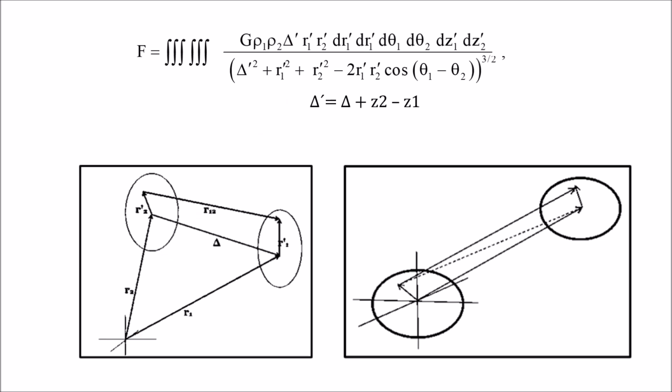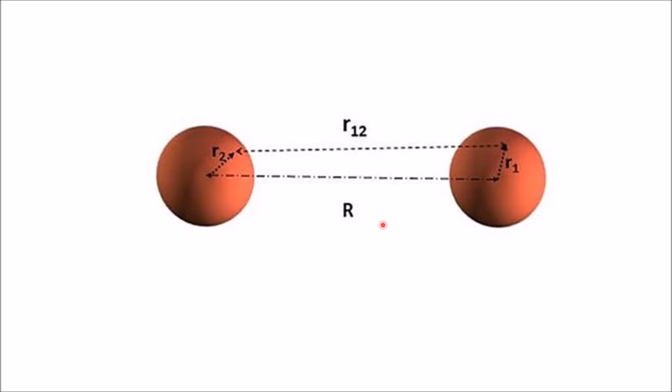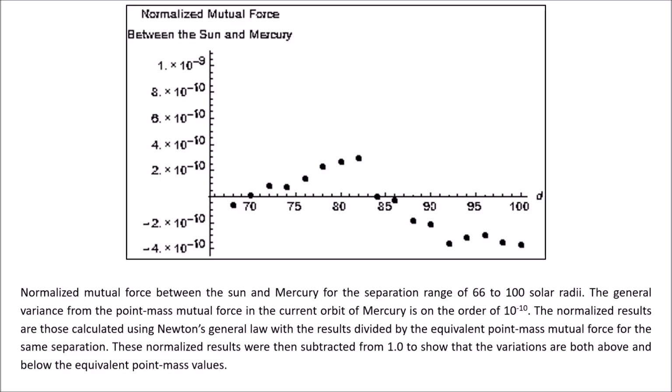And what we have then when we do that, this is just that same geometry now modeled mathematically. And when we graph it, this is what we get. I used Mercury, the relative size of a uniform Mercury orbiting a uniform sun. And this is the distance as functions of solar radii of the orbit of Mercury, and it's elliptical, and you can see that it varies from about 68 to 66 here to 100 solar radii. This is the distance of the elliptical orbit.